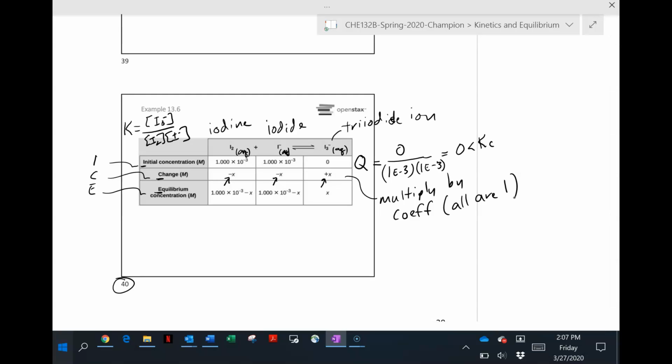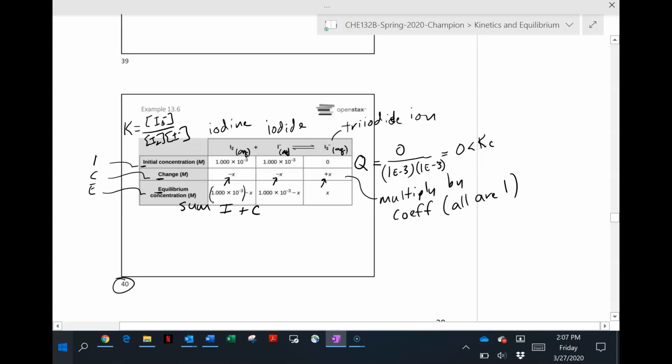Then what you do to get the E line, the equilibrium concentration line, is you sum I plus C. So in the iodine case, I2, we have 1.00 times 10 to the -3 plus negative x. So our equilibrium concentration line is 1.00 times 10 to the -3 minus x. Okay, so that's our value.